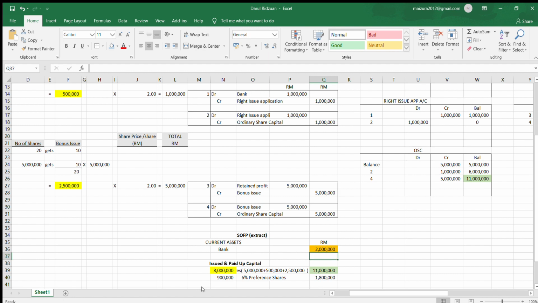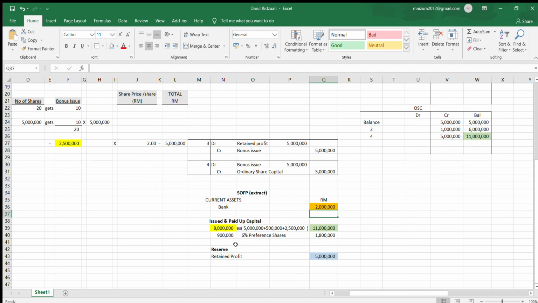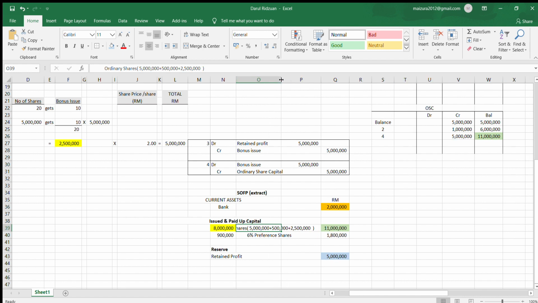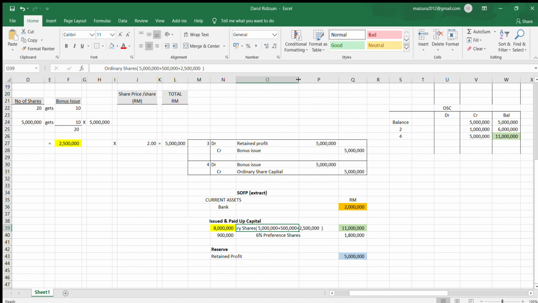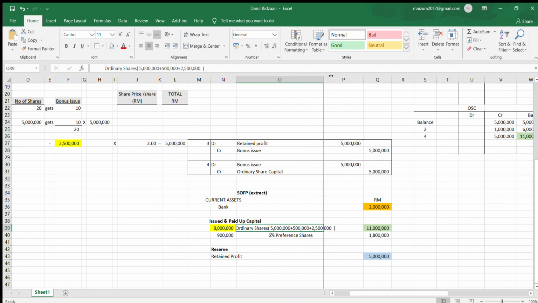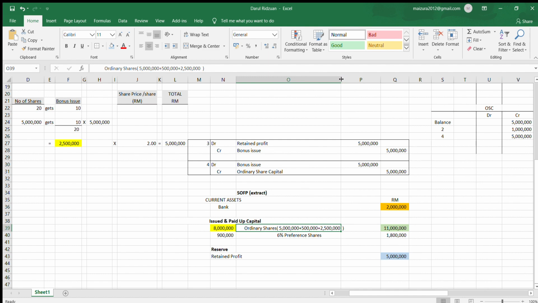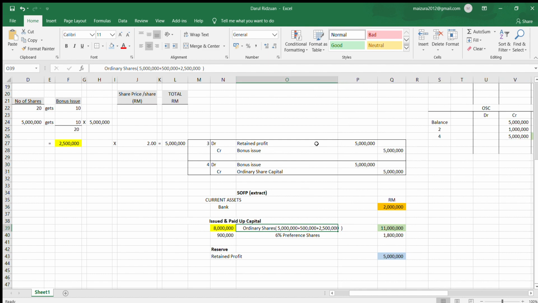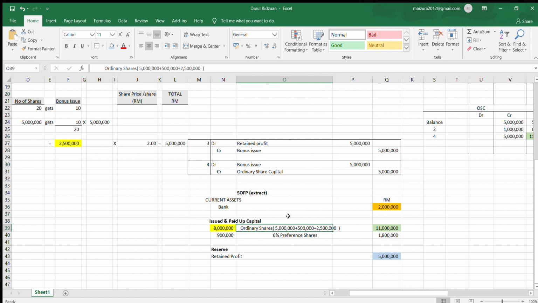Now, the next one is your ordinary shares. So what is the number of shares? The number of shares should be obtained by adding up all this. You may do this as your workings in the answer.